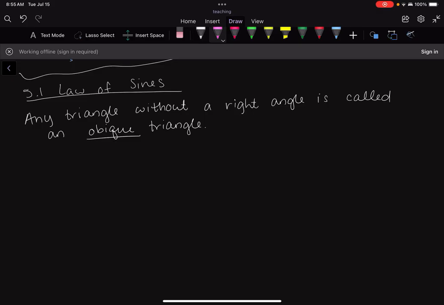And it's good to remember here that we cannot use Pythagorean theorem. So a squared plus b squared equals c squared will no longer work. And also the relationships of sine, cosine, and tangent. None of those are working.